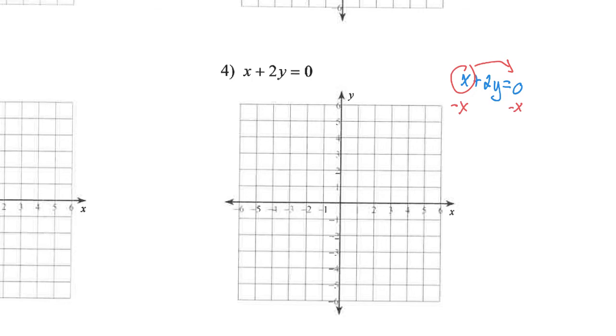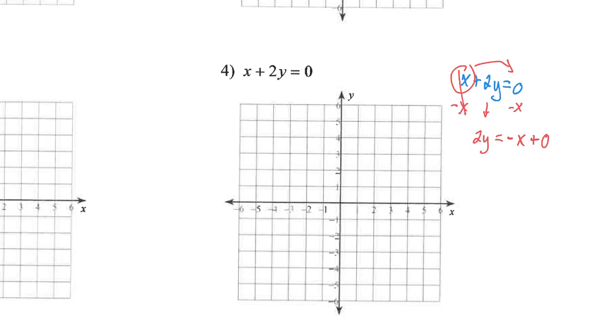X minus x cancels out, it goes to 0. So that 2y will drop down. And then over on the right side, I have that negative x, and then that plus 0. Now, since it's 0, I don't really need it, but you would just add or subtract your number there.